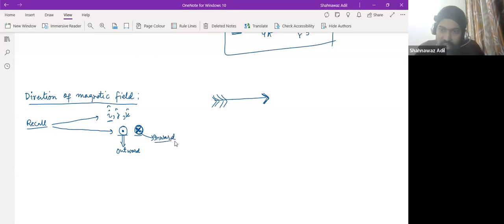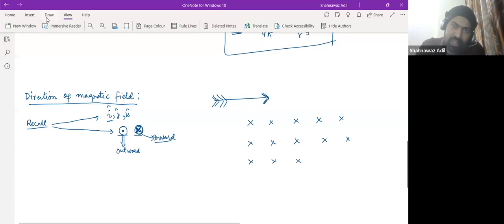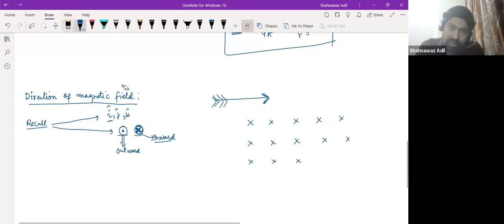So in your EMI and all those topics, you have seen this kind of direction. So this represents what direction? Yes, this represents the inward direction, right? So that is one notation. We have to remember these two notations, right? Somewhere I will be using this, and somewhere I will be using this k hat.